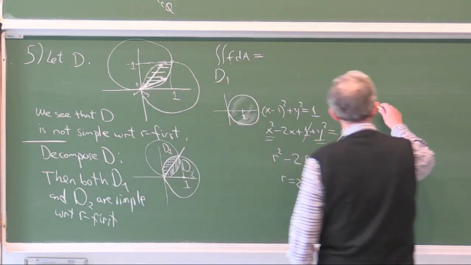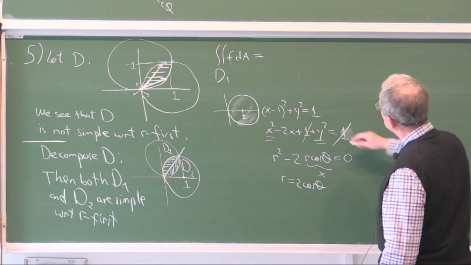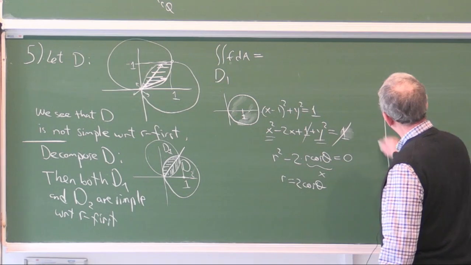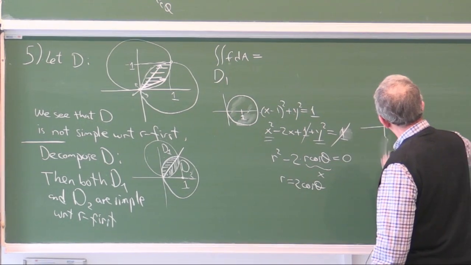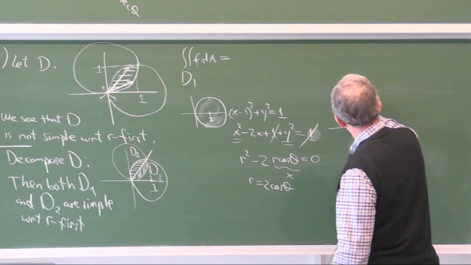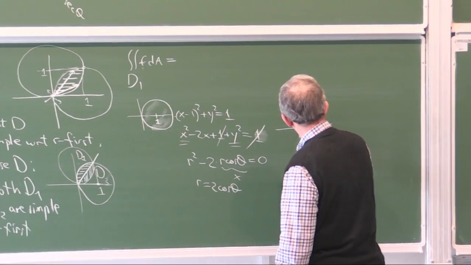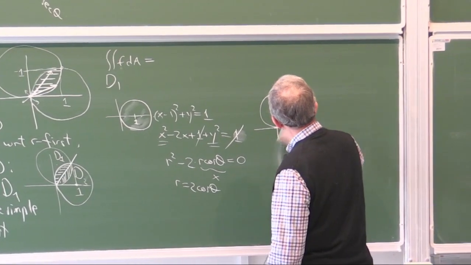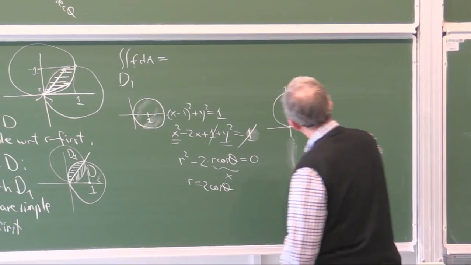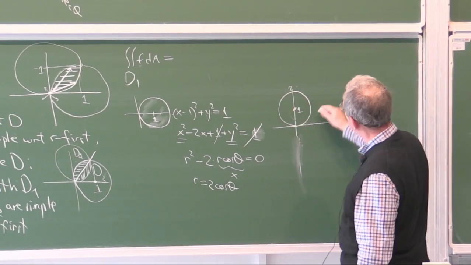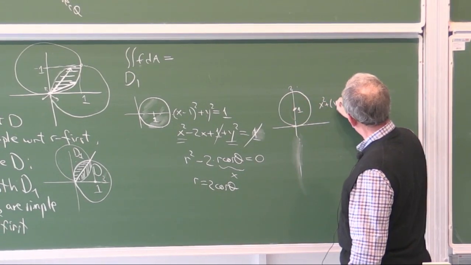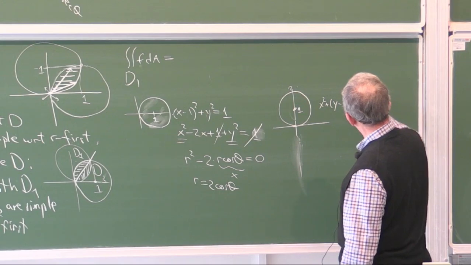Well, similarly, we will need that in a minute, so let me derive that. Similarly, this circle with radius 1 becomes, of course, a circle of the form (y minus 1) squared equals 1.